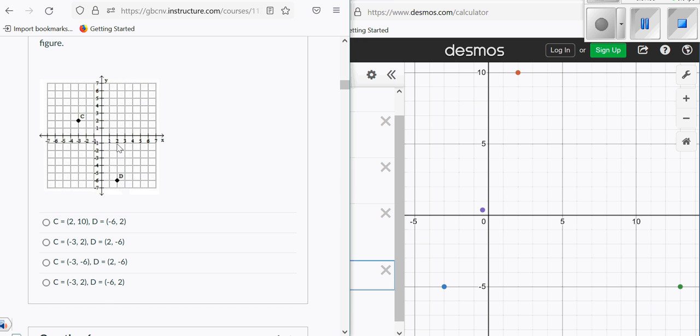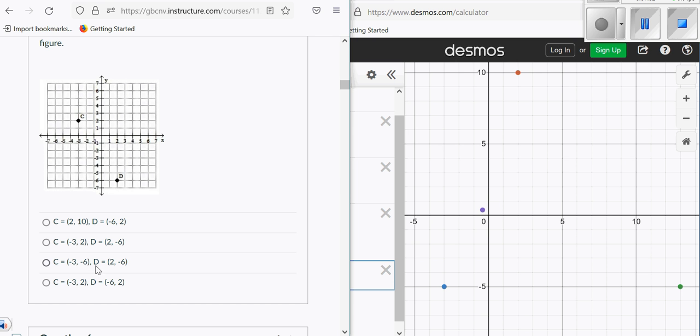Now here you have 2 for x, and y is -6. So (2, -6), this will be the one. (-6, 2) is not correct, because here x is -6, then you want to go to this one, and then 2.